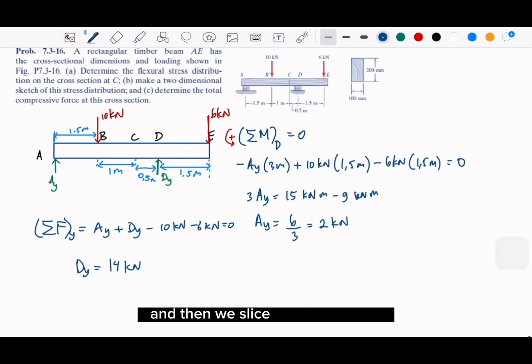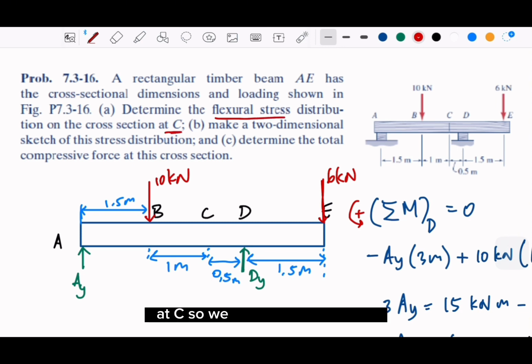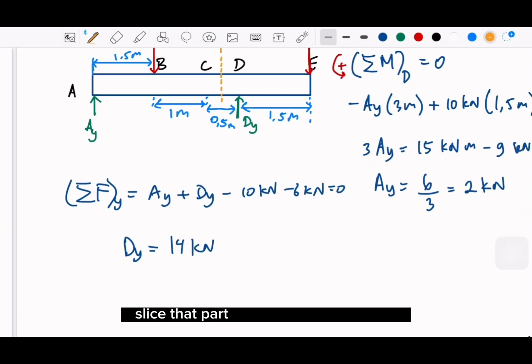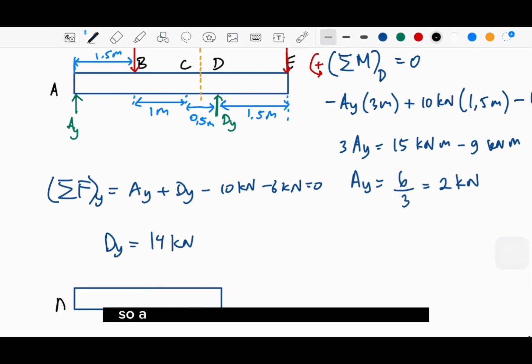Okay, and then we slice up the segment because we want to determine the flexural stress at C. So we are going to slice this part here. So we are going to have A, B, and let's say C is around here, at that point.